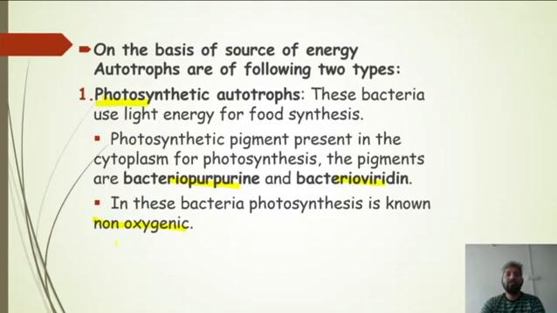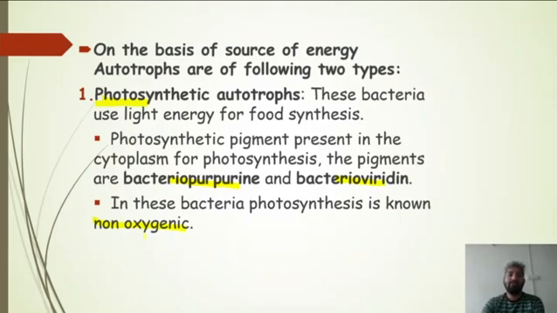Release of oxygen was there. In the plants, hydrogen ions and electrons were provided for further use, for formation of ATP and NADPH. But here, other than water, something else is utilized, like sulfurous compounds.